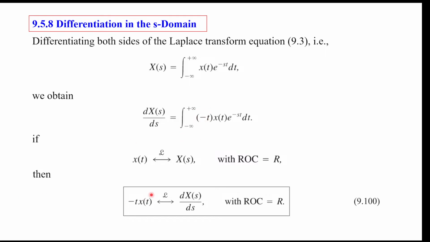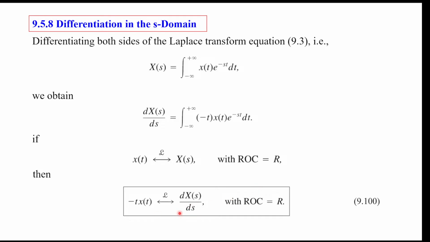So we see that in the time domain you get this minus t, so minus t x of t will Laplace transform to dX/ds. And the ROC is actually unchanged, because differentiation will not introduce or remove any poles of your function.